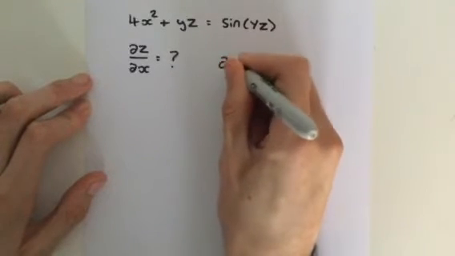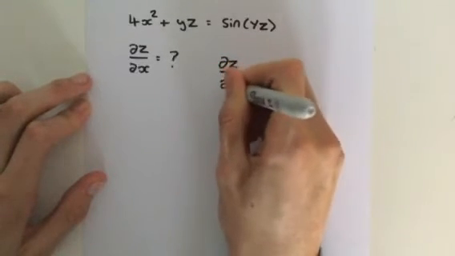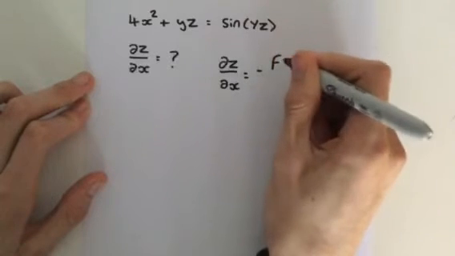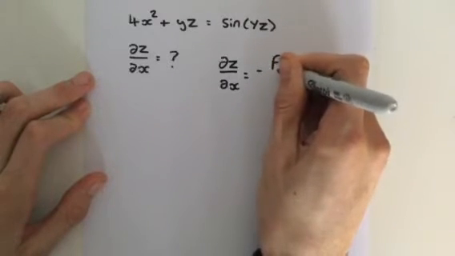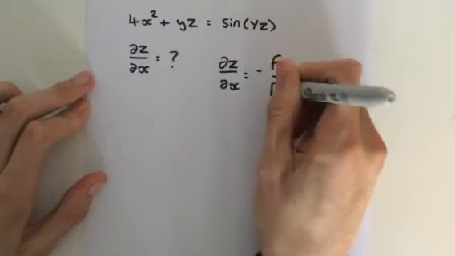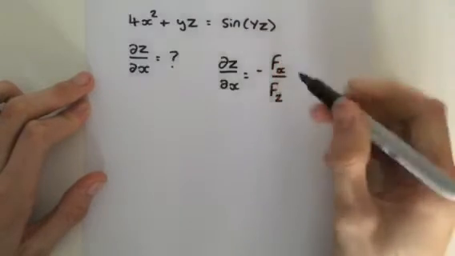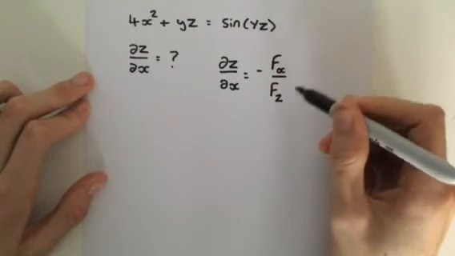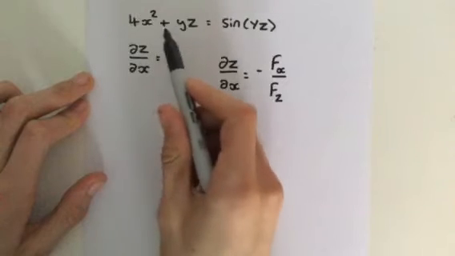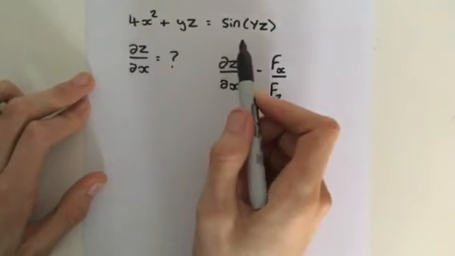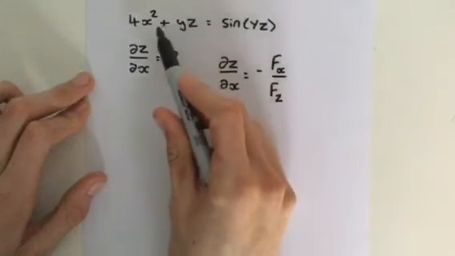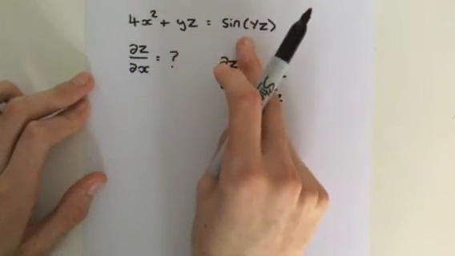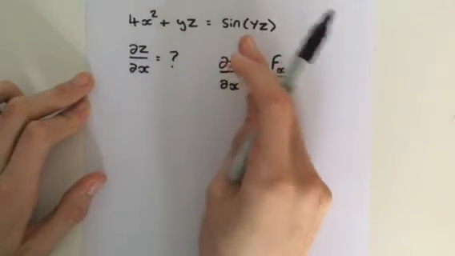So, the partial of z with respect to x is simply going to equal the negative partial of the function with respect to x divided by the partial derivative of the function with respect to z. But we haven't got a function, have we? We've got an implicit equation. So to get a function, we simply take away one of these expressions on one of the sides of the equation to get a function.